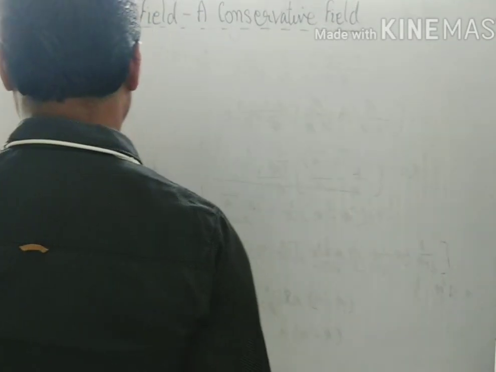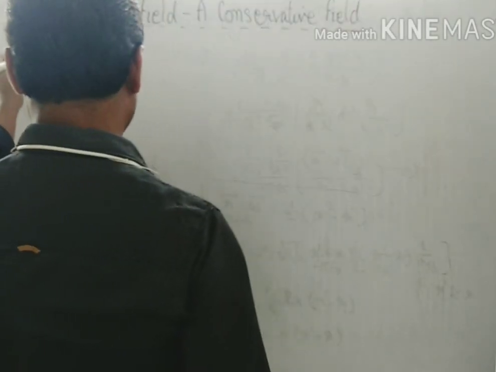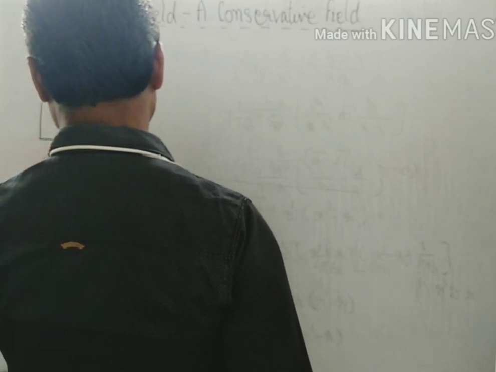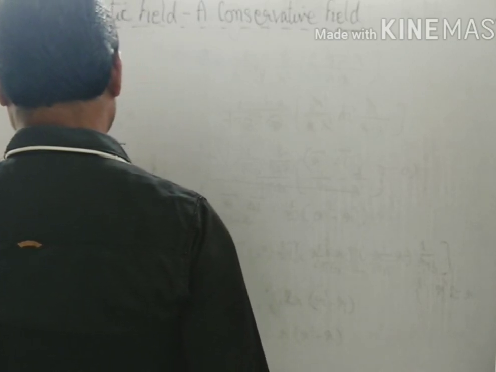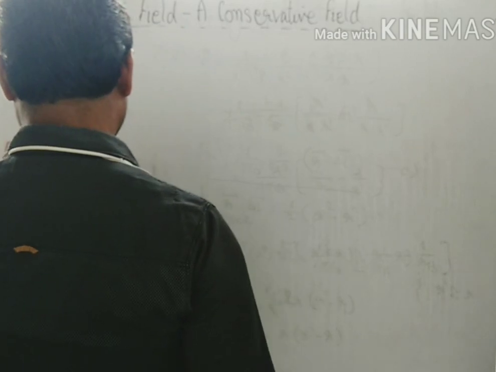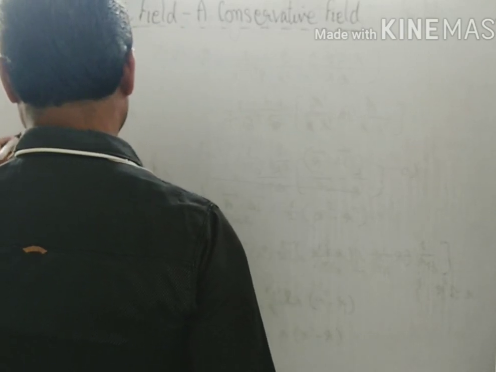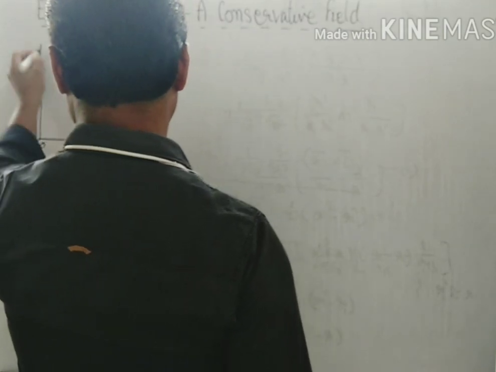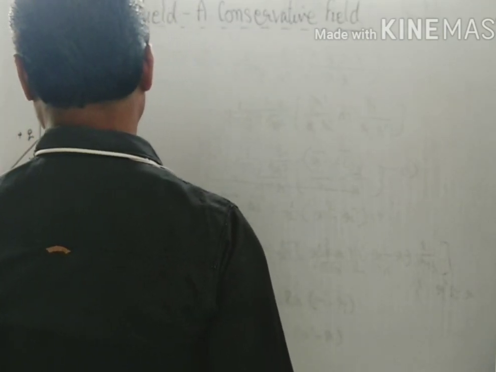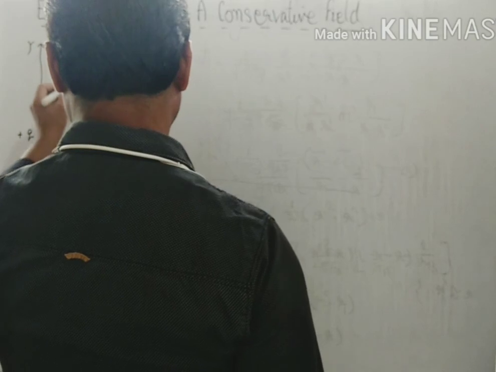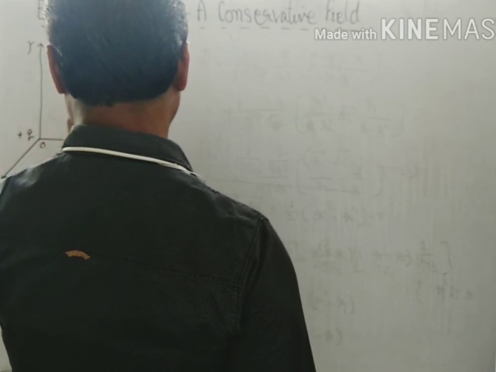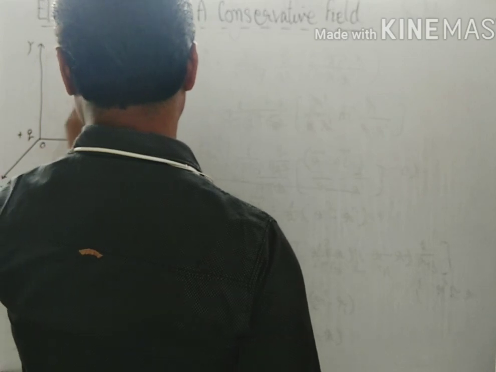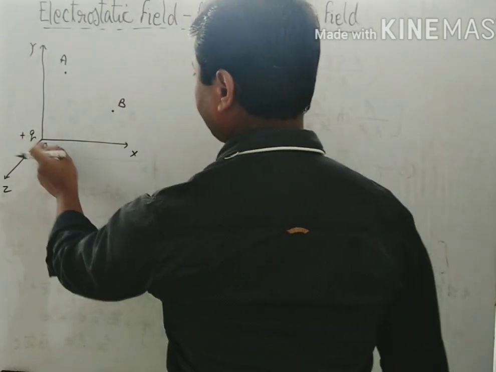So let's start. Suppose we have here a three-dimensional rectangular coordinate system in which we have the source charge plus q situated at its origin, and say these are three axes x, y and z, and suppose we have two points A and B in the electrostatic field of this plus q charge.